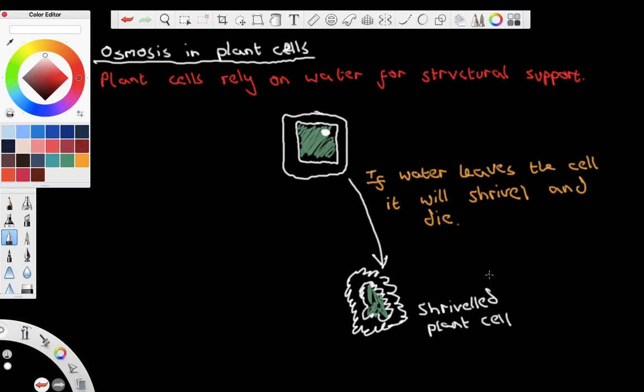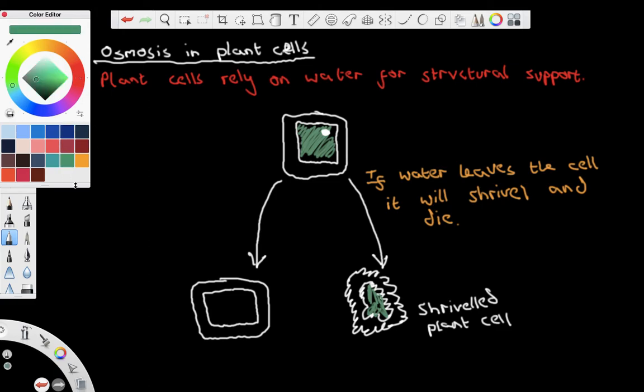On the other hand, and in fact we've got two more keywords, if a plant cell fills with water, it will not burst. The reason it will not burst is because they have what's known as a cell wall. And this simply stops the cell from bursting, so it's able to fill with water. This is something known as turgidity, or it becomes turgid.